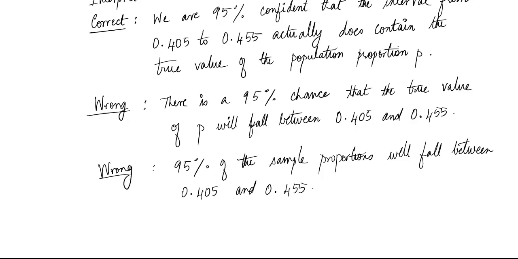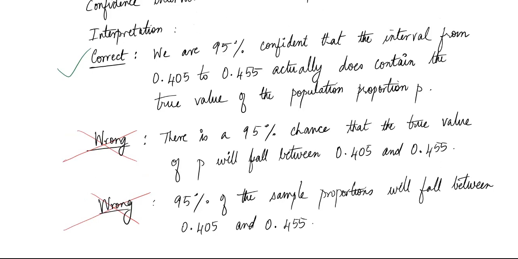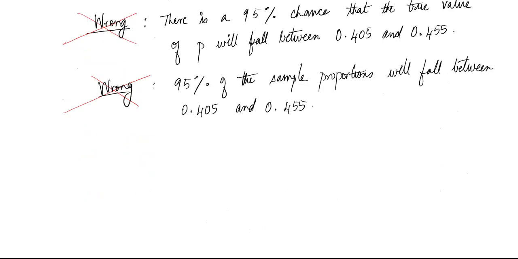That will be incorrect again, because nowhere have you mentioned, in both the wrong versions, your confidence. This 95% is not the probability of this happening or not. It's a probability that indicates the confidence level. So you have to use the language that involves confidence. So we are 95% confident. I want to make that very clear so we understand what that means.